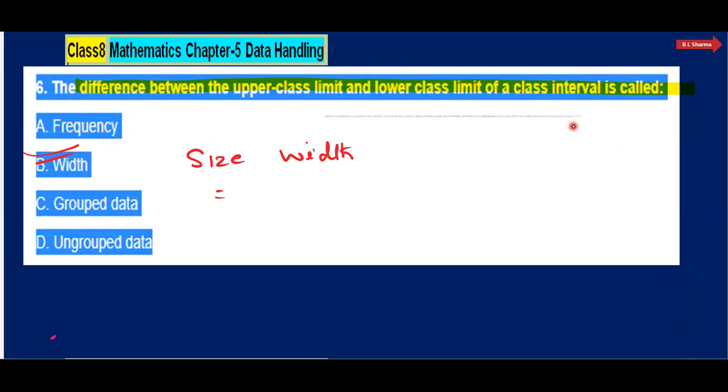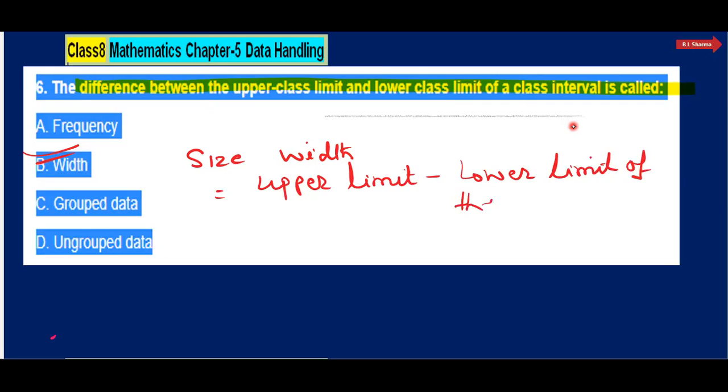That is upper limit of the class minus lower limit of the class. So the answer is, you can say size or you can say width.